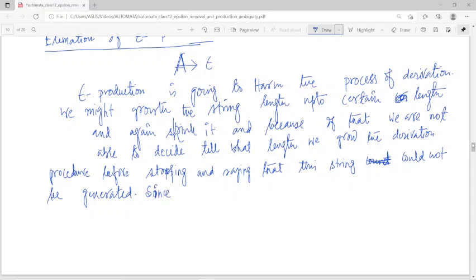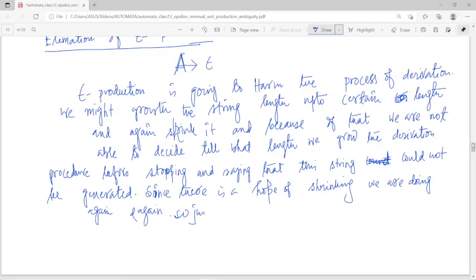Since there is a hope of shrinking, we are doing it again and again.